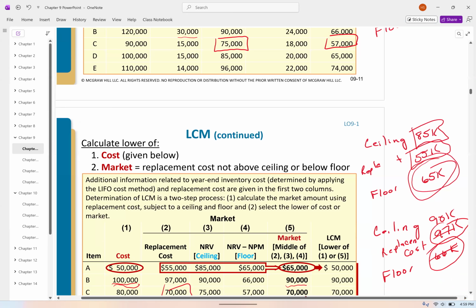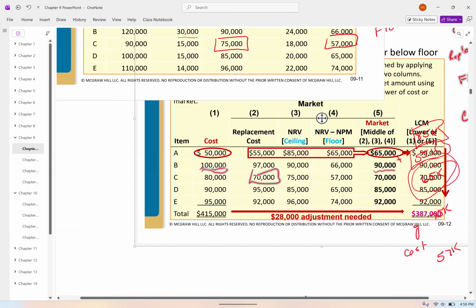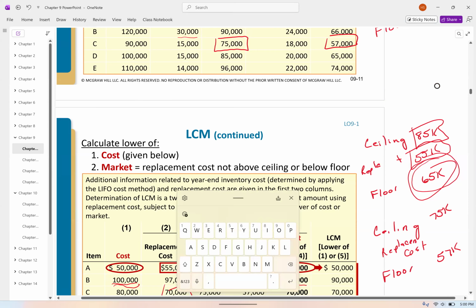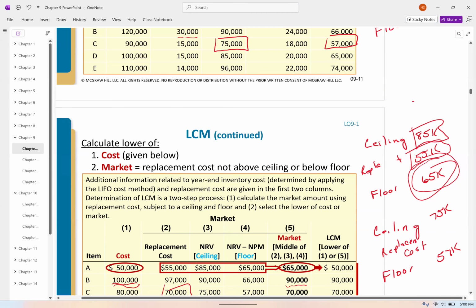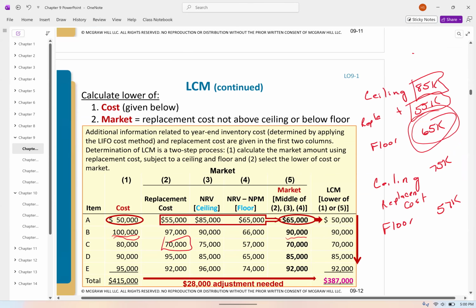Tell you what I'm going to do so I don't have to keep writing things over and over again. Our ceiling is 75K. Our floor is 57K. And our replacement cost is 70K.